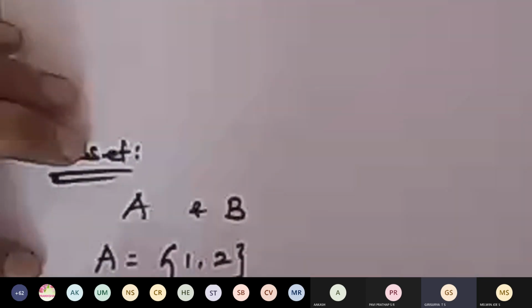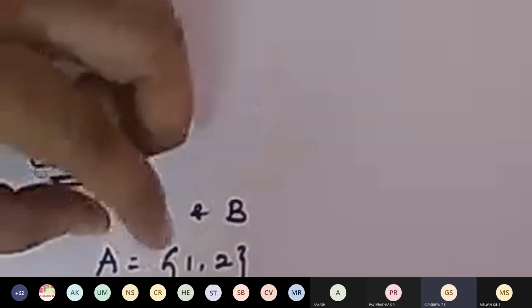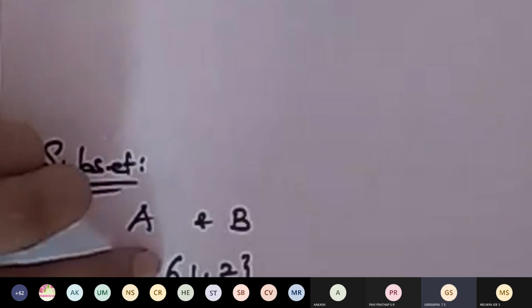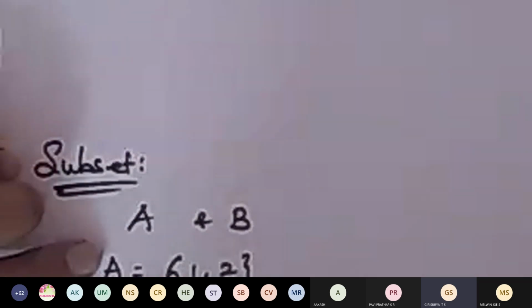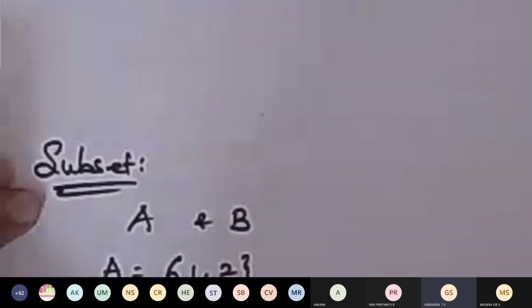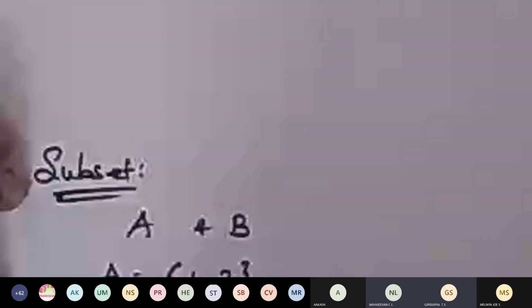Then A is called a subset of B. If all the elements of a set are elements of another set, like this example, then it is a subset. Whereas vice versa, are the elements of B elements of A? No, sir. Then we cannot call B a subset of A.